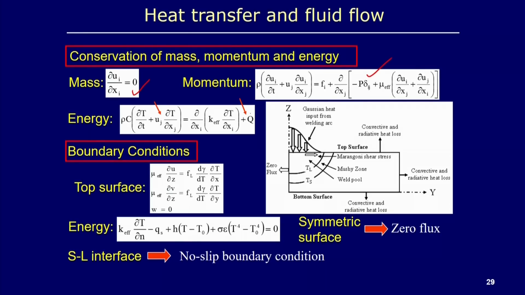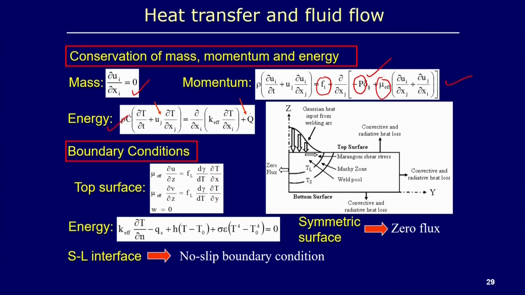In this equation, small u represents the velocity field, x is the coordinate, small t is the time component, capital P represents the pressure, and mu is the effective viscosity. That parameter is also necessary to define when we solve the fluid flow in the welding process, and F_i represents the body force. Through the F_i term we can incorporate any kind of body forces here. These are the governing equations for the momentum transfer in the material flow.